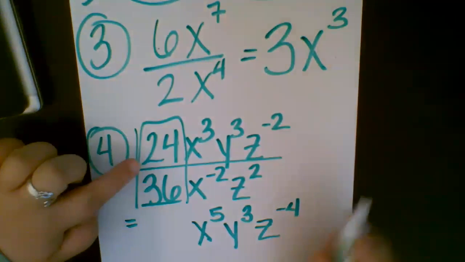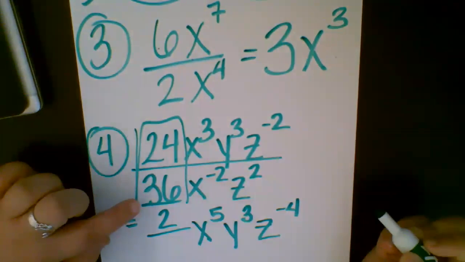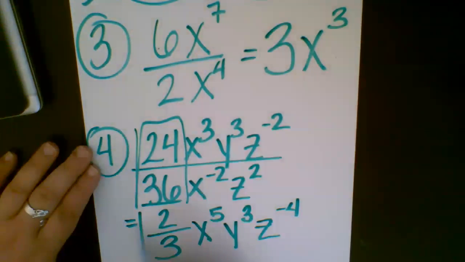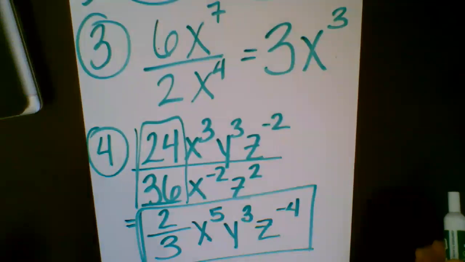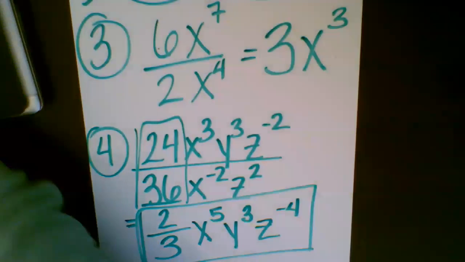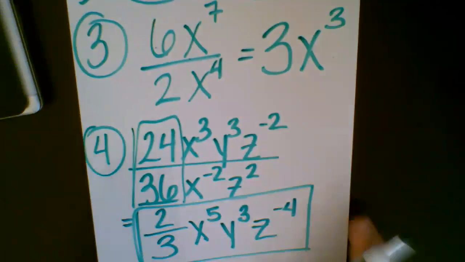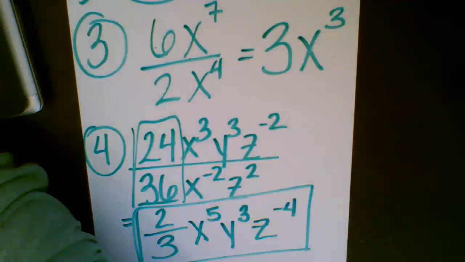So we divide 24 by 12, we get 2. When we divide 36 by 12, we get 3. Okay, so here is our final answer for now. We have more properties to learn, not today, but next week. Okay? Any questions on how to do this process? No. Okay.